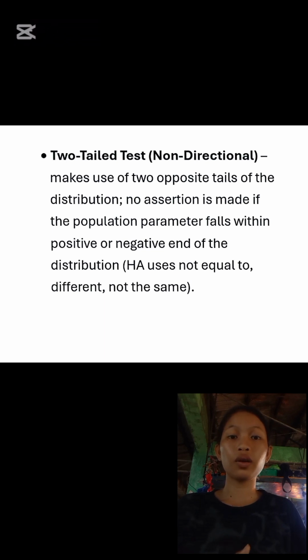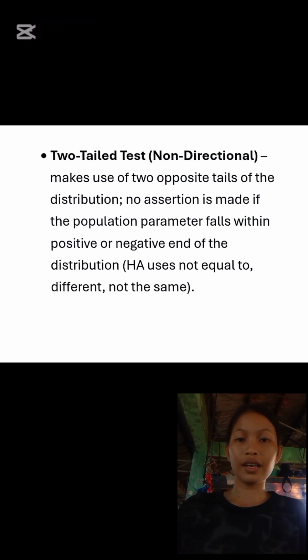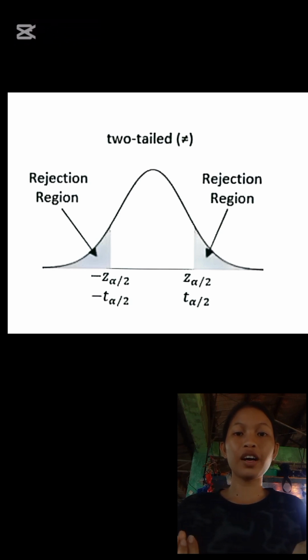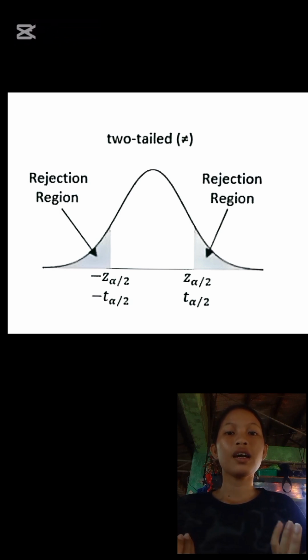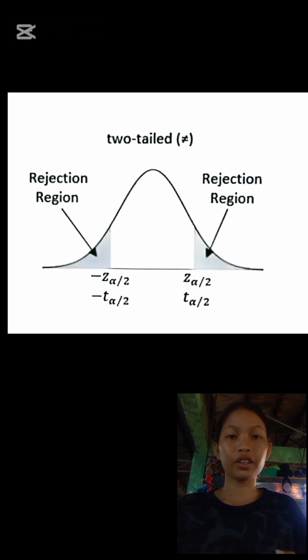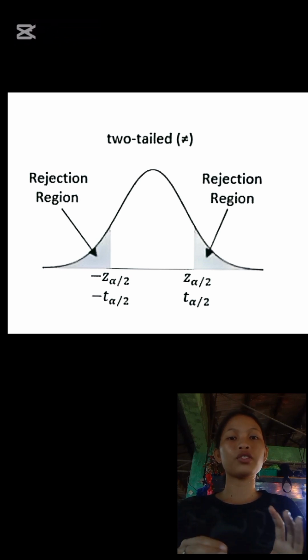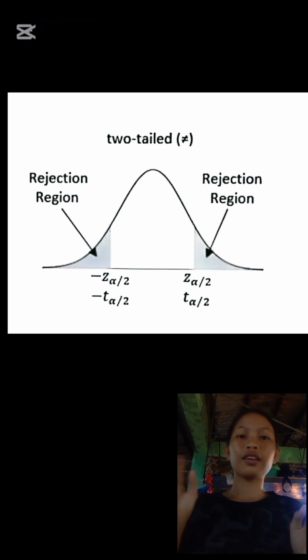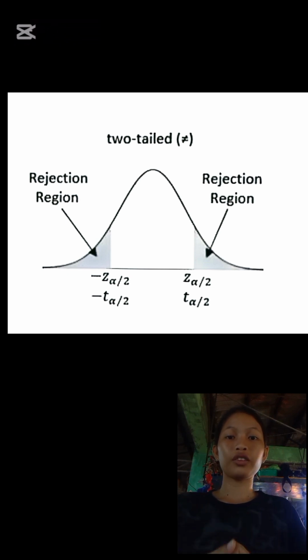When it is not equal, this is a non-directional test. So, what does it look like? In one curve, you can see the rejection region is on both sides of the curve. You see the rejection region in the right tail and in the left tail of the curve.